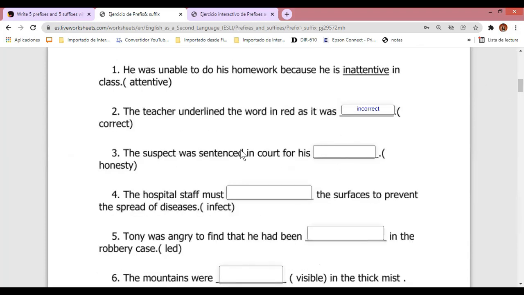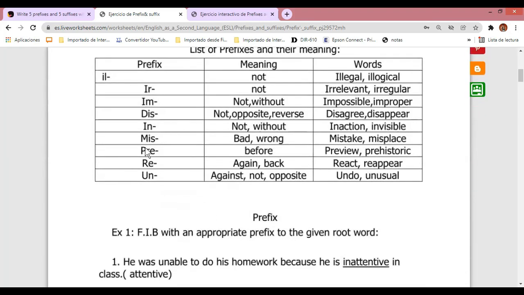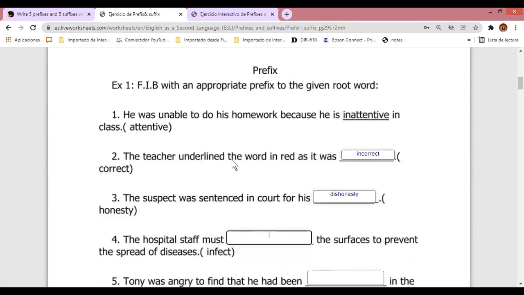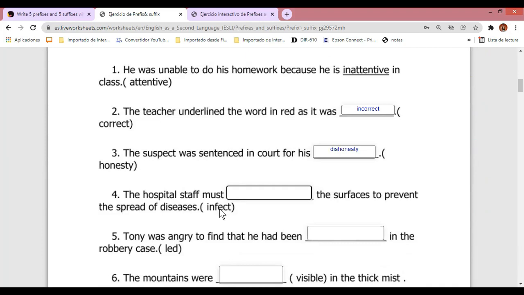The suspect was sentenced in court for his dishonest. Okay, let's continue, please. The hospital staff must... Gary, can you help me, please? Which of these prefixes is going to be here? Infect.